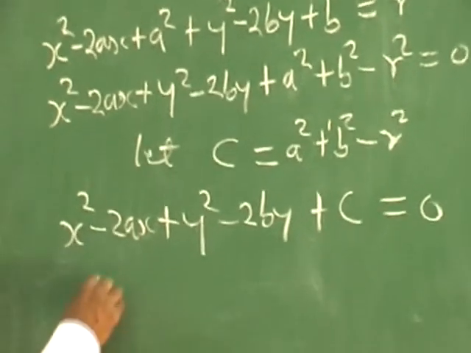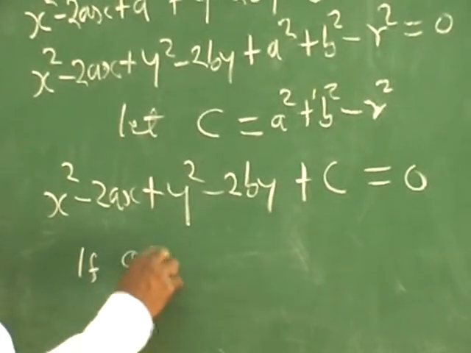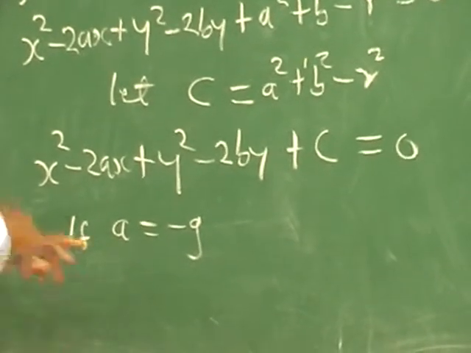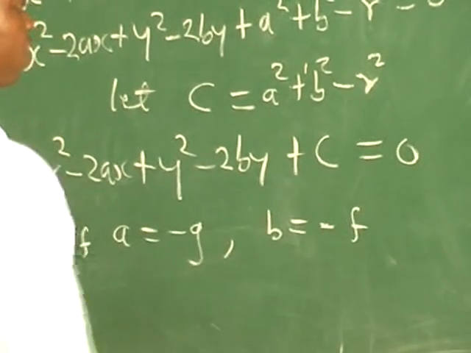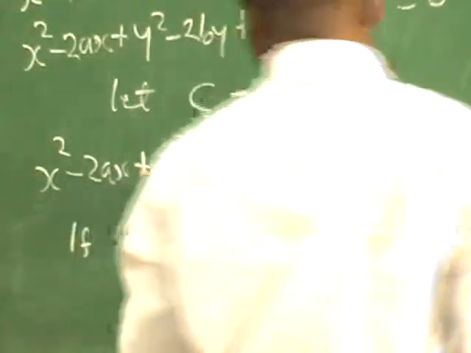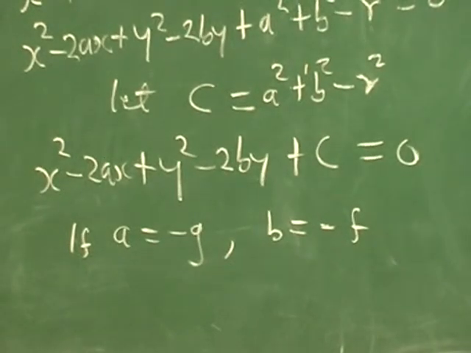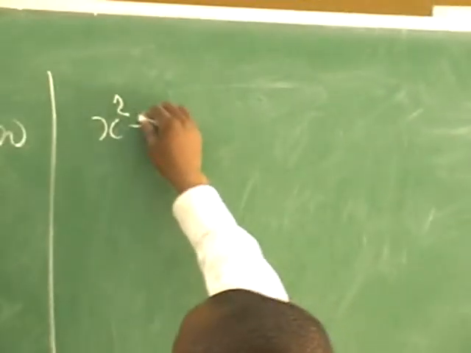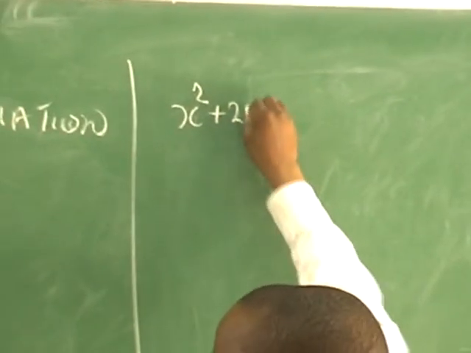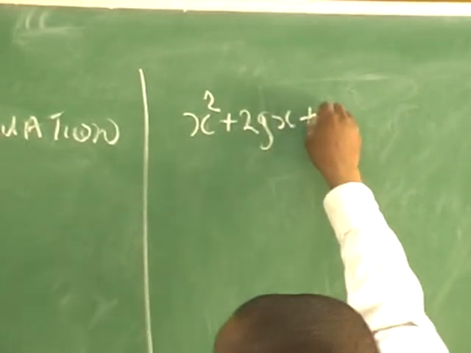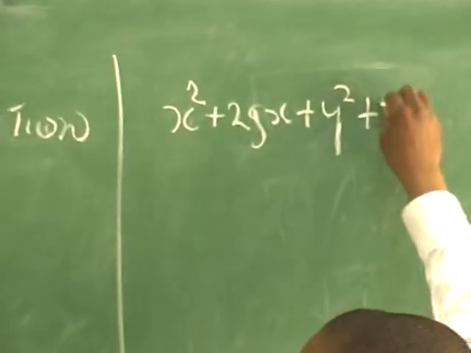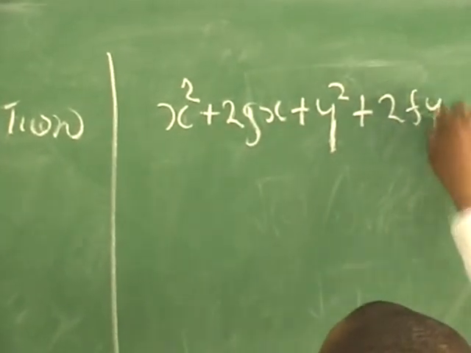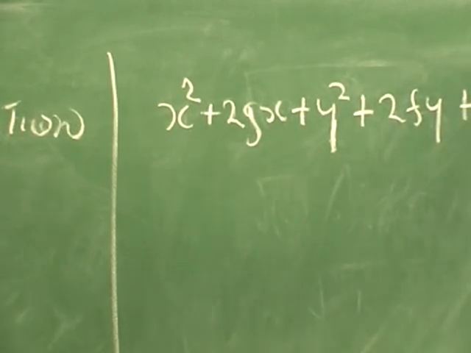Now, if a is equal to minus g, and we also have that b is equal to minus f, then in this place we are going to replace a with minus g, and we have plus 2gx plus y squared plus 2fy plus c equals 0.